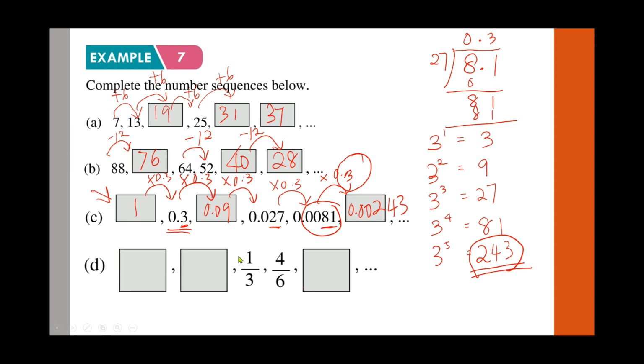Azwin, can you give how much is 1 over 3 equal to, change the denominator to 6. 1 over 3 equal to how many over 6? Yeah, multiply by 2, correct?